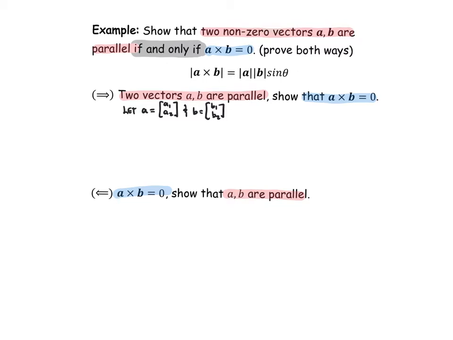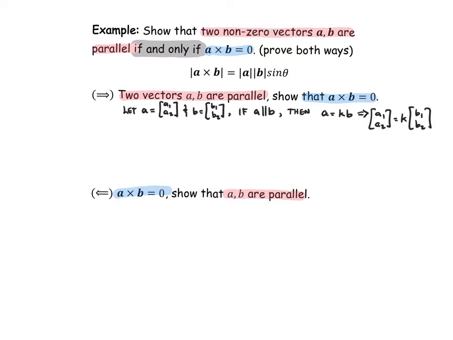Okay, if A is parallel to B, that's the assumption I'm able to make, then what I would know is that A is equal to k times B, which tells me that A1, A2 is equal to some constant k times B1, B2.